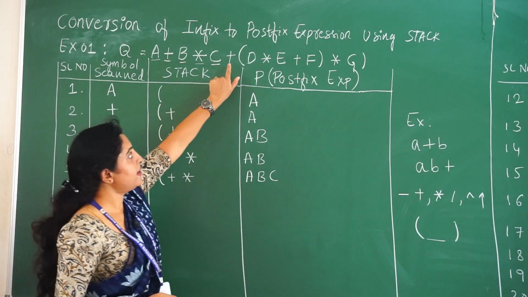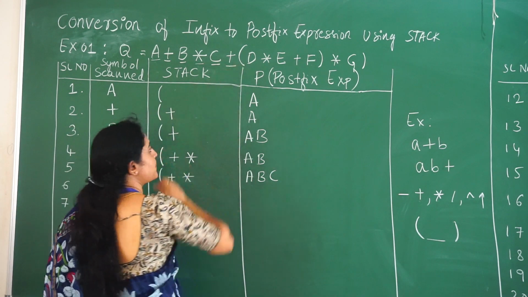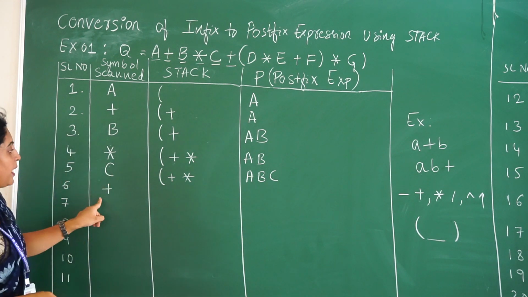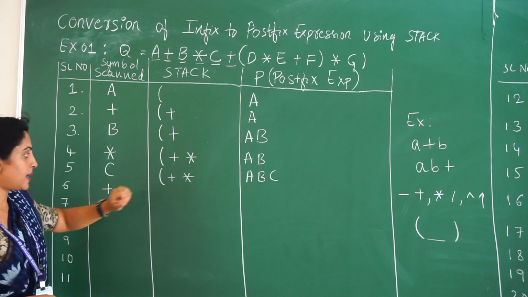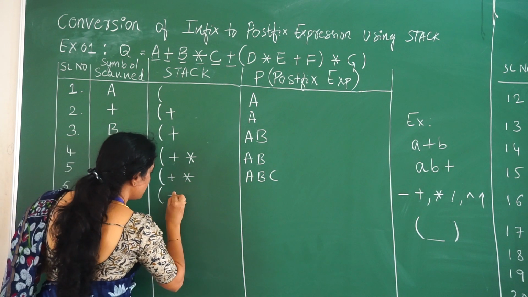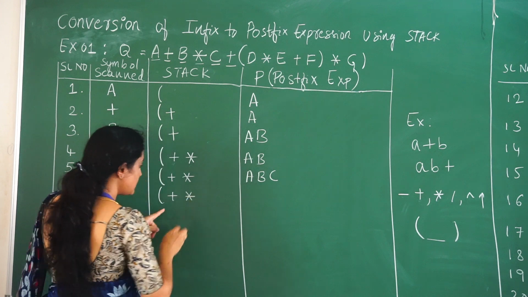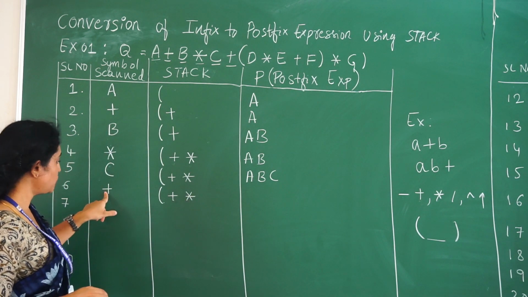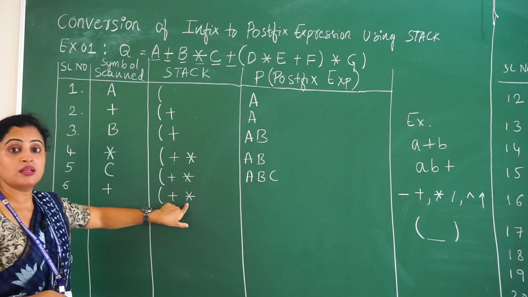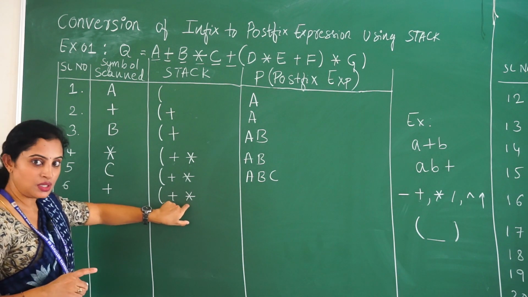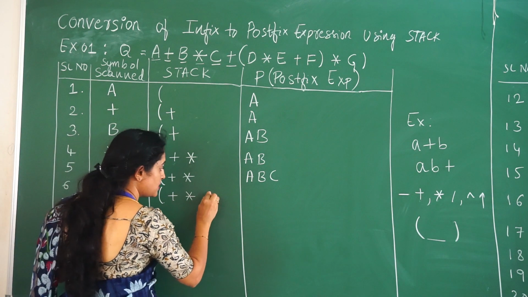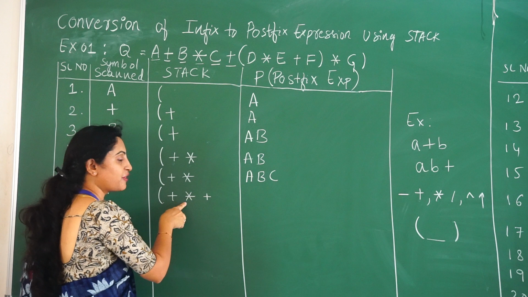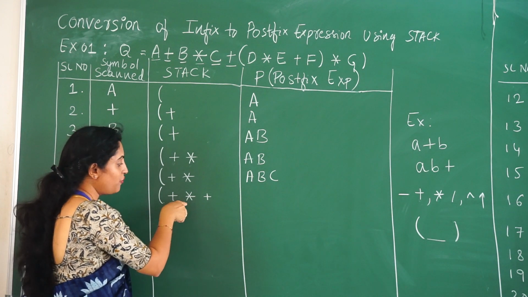The next scanned element is plus. Plus is an operator, so we have to place it inside the stack. Inside the stack we have two operators, plus and asterisk. Now, since the top of the stack is asterisk, which has the higher precedence, we are not supposed to place plus in front of the asterisk.